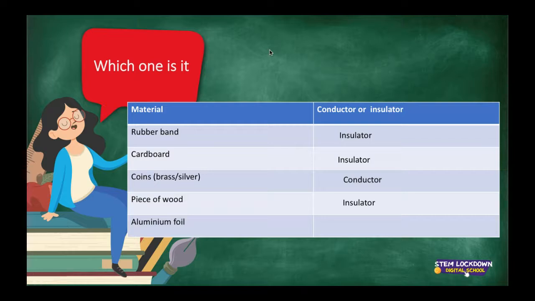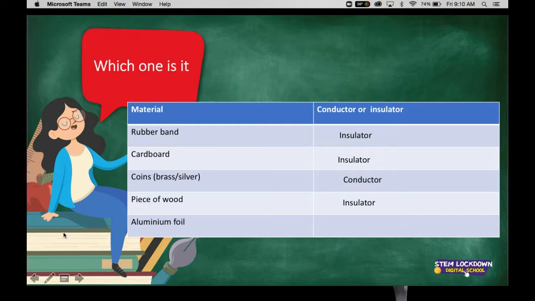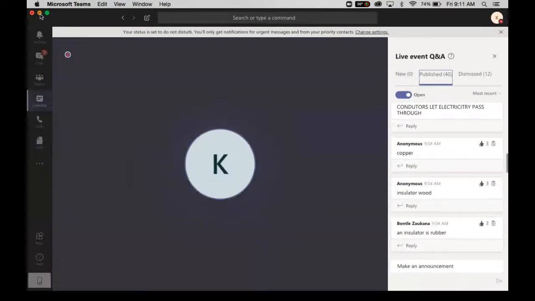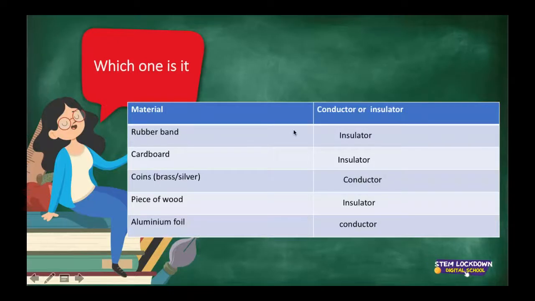If it's still a live tree in the ground, it's considered to be a conductor. But if it's a dead piece of wood that we would use to make fires or a nice braai, it would be an insulator. Then the last one is aluminium foil, which is a conductor.